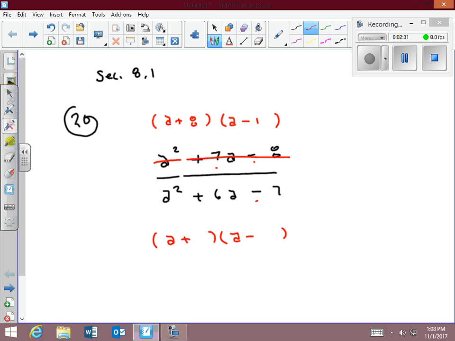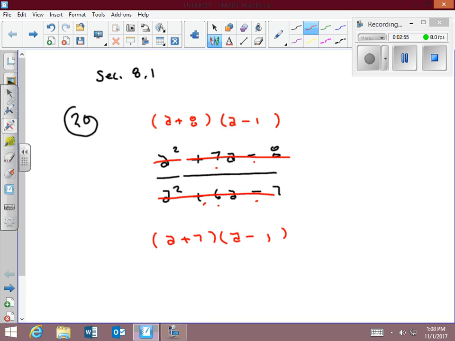Opposite signs. Now that 6 has got to be a what? Difference. So two numbers times itself is 7, whose difference is 6. 7 and 1. And which one's got to be positive? The larger number, because it's positive here. So that's a 7 and a 1. So we have that one factored.